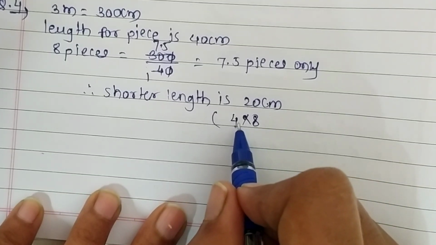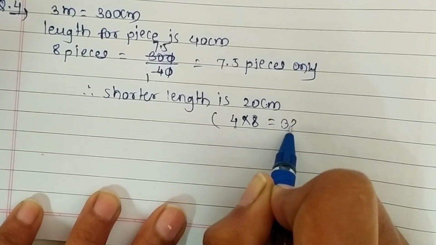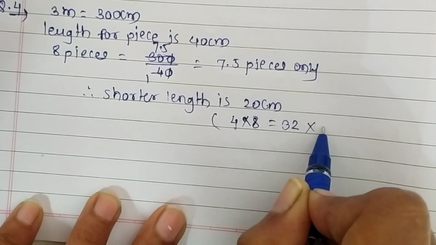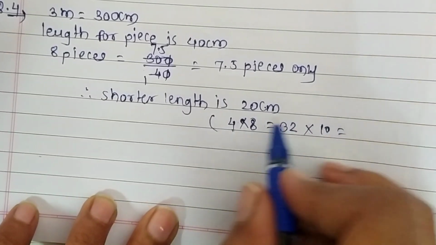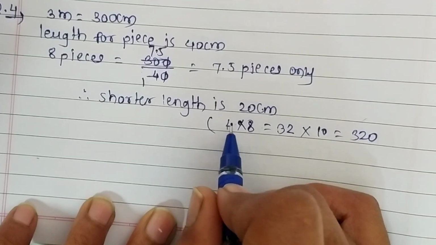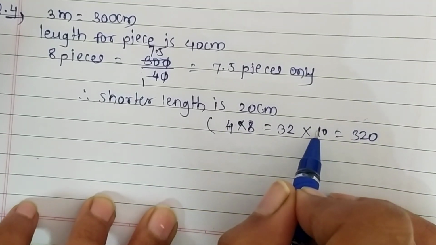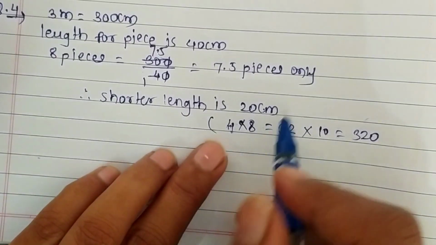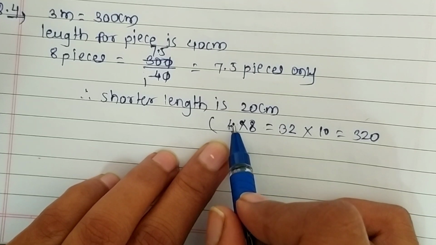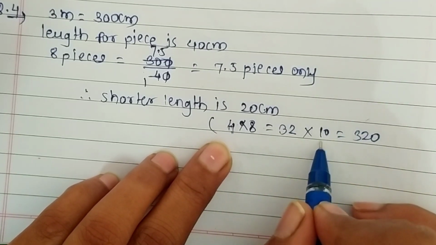So we are going to multiply 4 into 8, it is 32, and into 10, it is 320, because we have to multiply here 4 into 10. The actual size of the cutting piece is 40 centimeters. So 4 into 10, it's 40. So here I multiply it by 10 also.